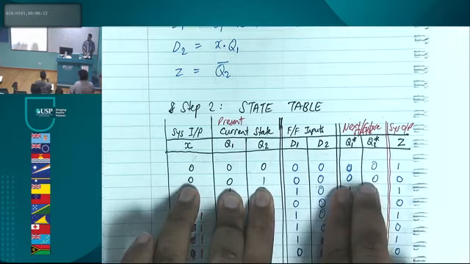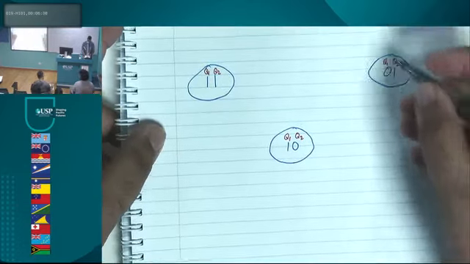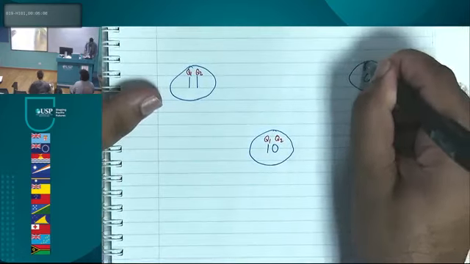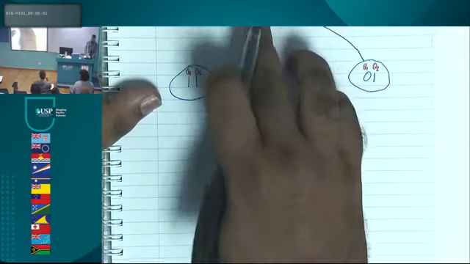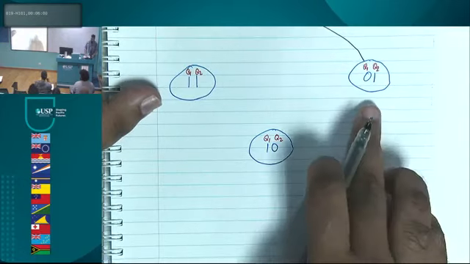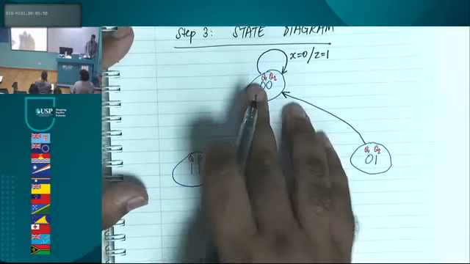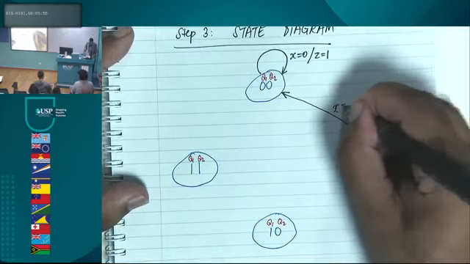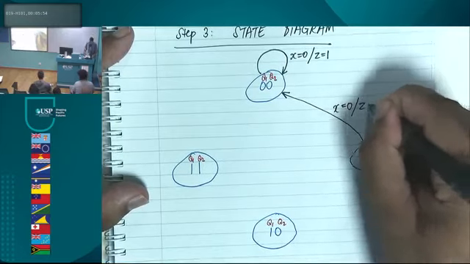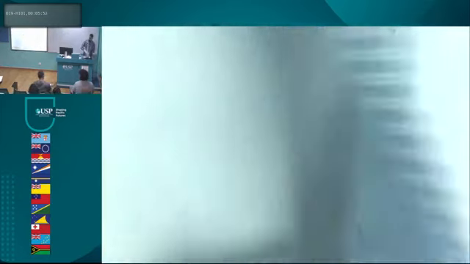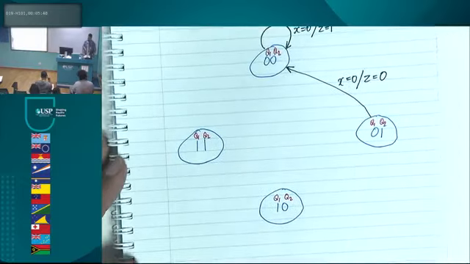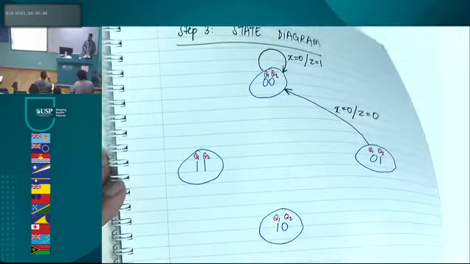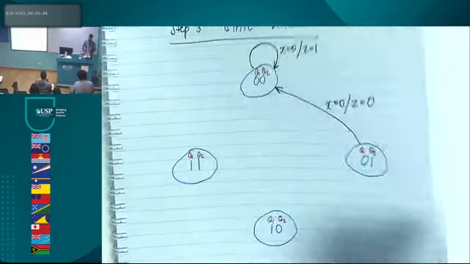So 0, 1 moves to 0, 0 when you feed it with an input of 0, and the output is 0. Okay? All right? Now, next one.